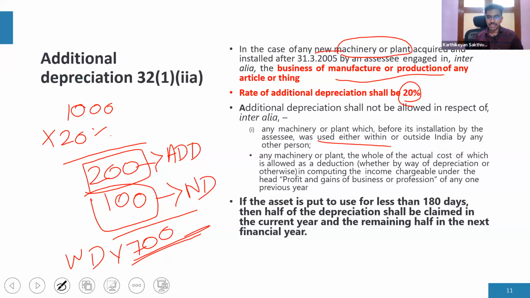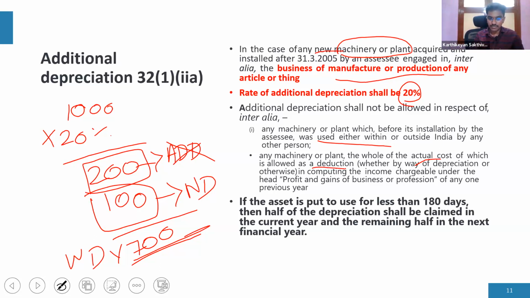So whenever there is a machinery or plant which before its installation by the assessee was used either within or outside India by any person, in such case additional depreciation cannot be claimed. Next, any machinery or plant the whole of the actual cost of which is allowed as deduction. So இது வந்து 35 AD specified businesses ன்னு சொல்லுவாங்க. அந்த கேசஸ்க்கு 32(1)(iia) is not applicable. Right? So these are the two things.